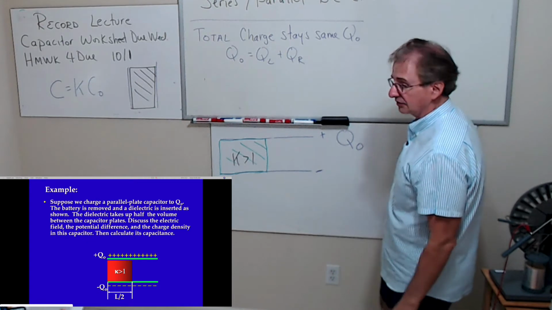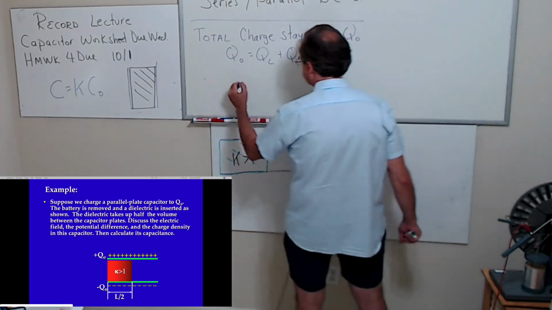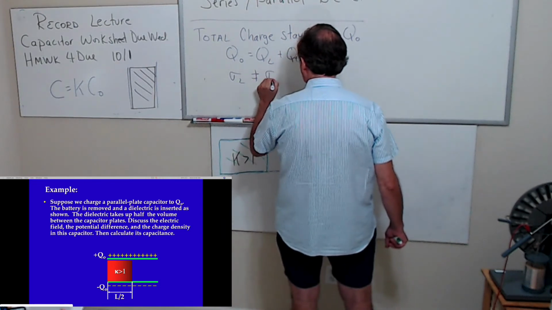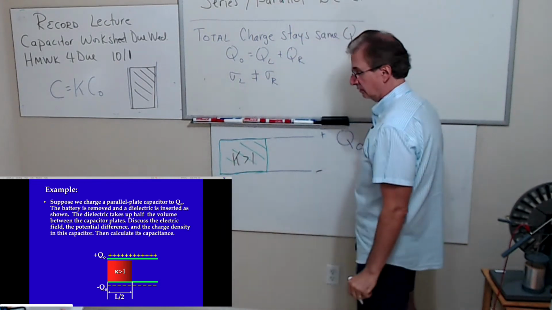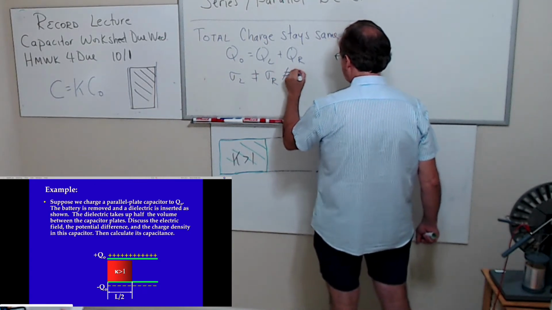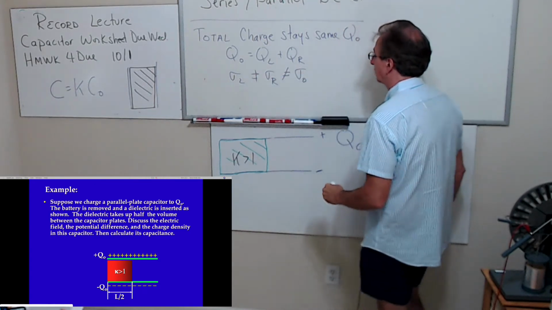Because the charge density has changed, I would say sigma on the left is not equal to sigma on the right, and it's not equal to sigma naught, the original charge density.